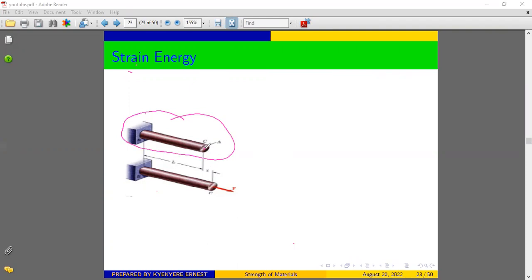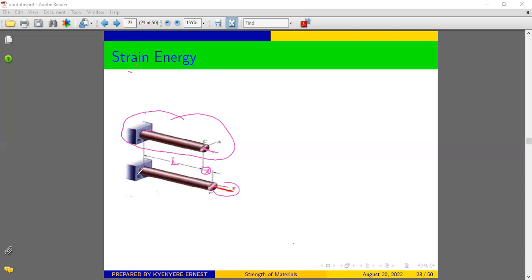We will find out that the force which is applied at this side will cause deformation to this rod. So this was the initial length, and because of the force which is applied, we are having some deformation there, which is equal to x.